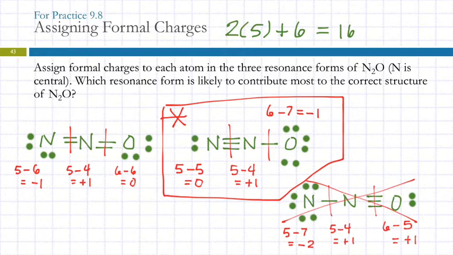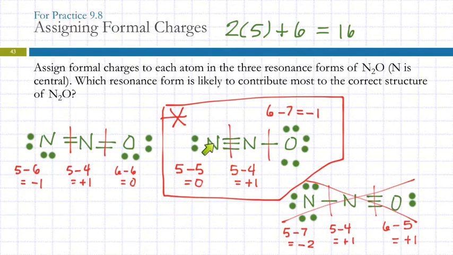Any questions? Yeah. Would that one be a better choice as well because it has a triple bond and nitrogen wants the triple bond? That's a good question. Would this be better because nitrogen has a triple bond here? Yes and no. You can't really use that solely to tell you what's going to be happening.